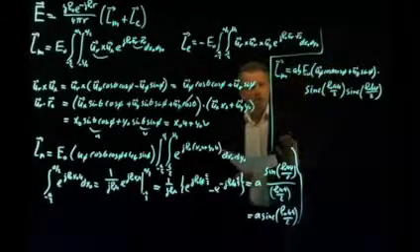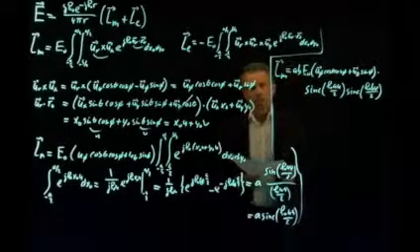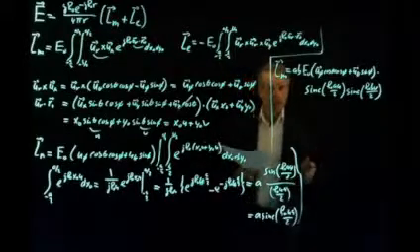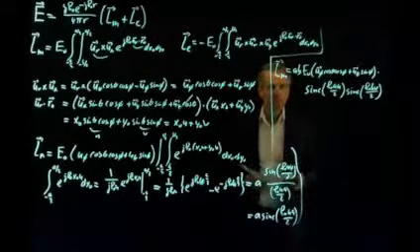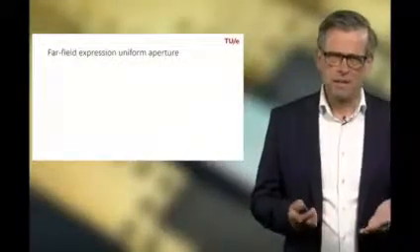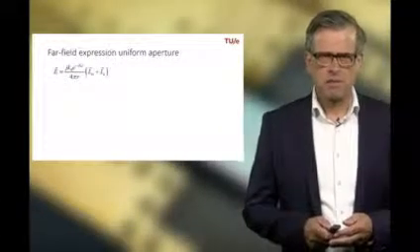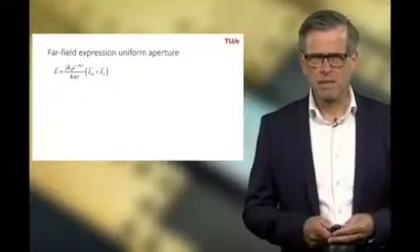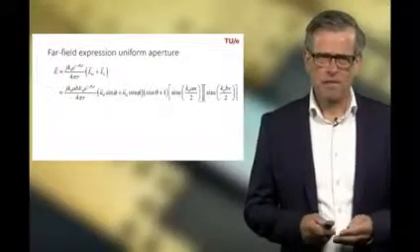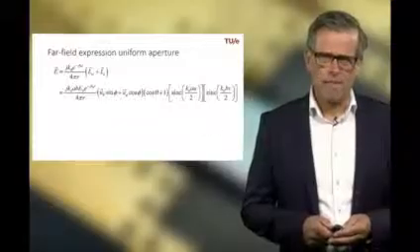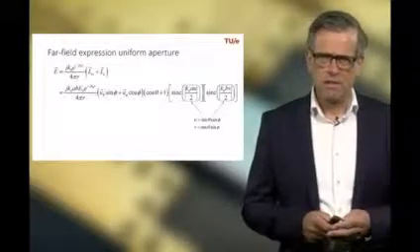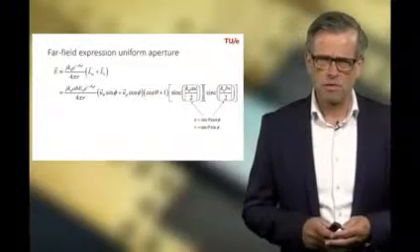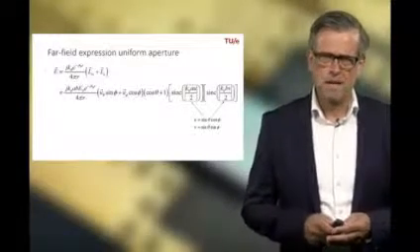And if we work out LE in a similar way, we can substitute that in the expression above, and then we find the electric field in the far field region. So in this way we can derive the far field expression for a uniform aperture by substituting the solutions for both integrals Lm and Le, and we arrive at this expression where you can see both sinc functions expressed in terms of the u and v coordinates, which are related to theta and phi.